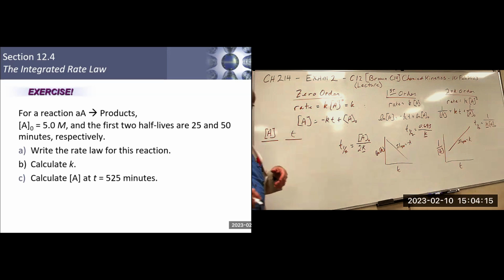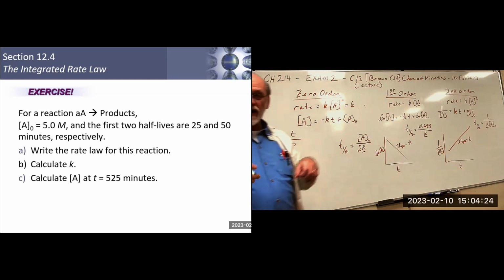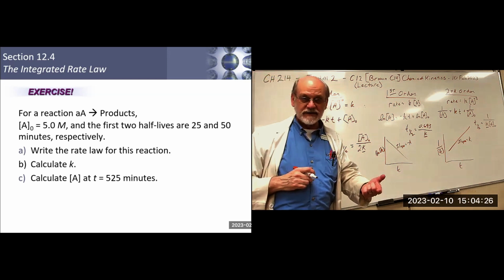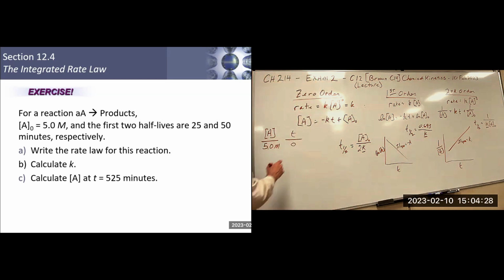The initial concentration of A is 5 molar. Okay, that's at time 0. Now, after one half-life, 25 minutes have elapsed. So at one half-life, how much of this is left? Well, half of it.